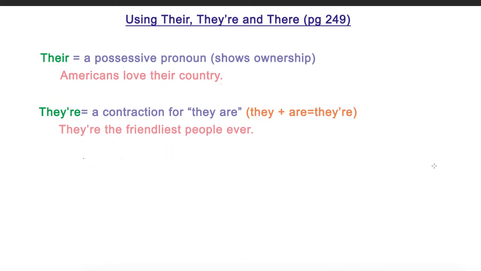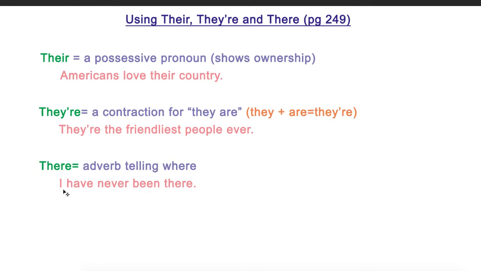All right, let's go to our next one. There is an adverb telling where. It describes where something is, or says where. For example, I have never been there.